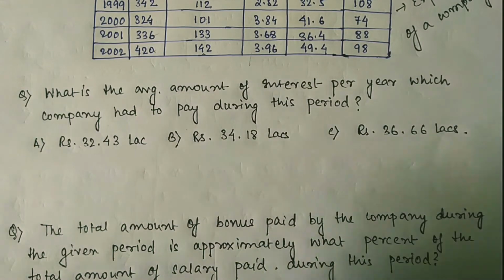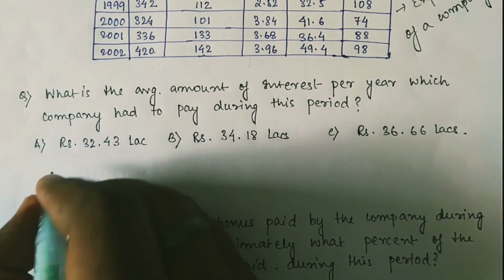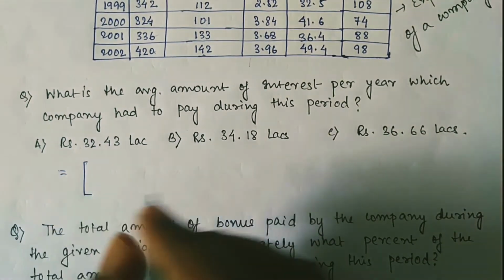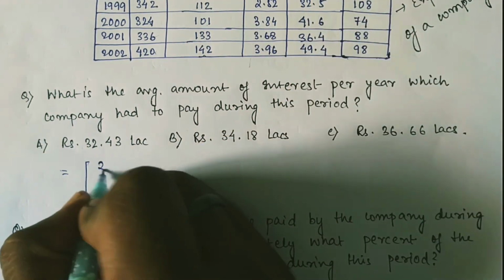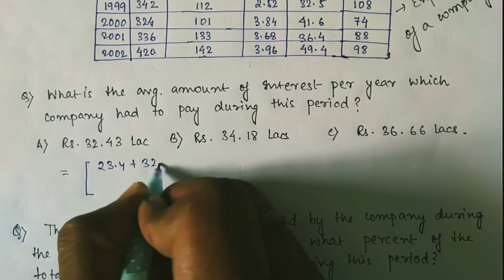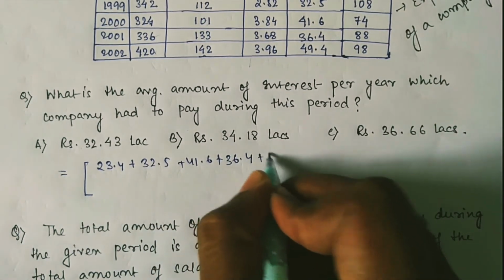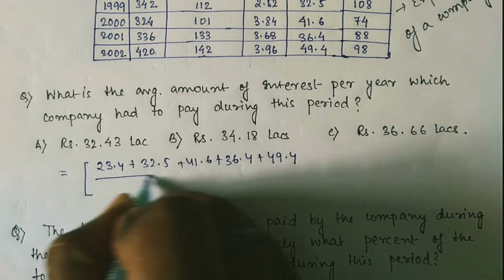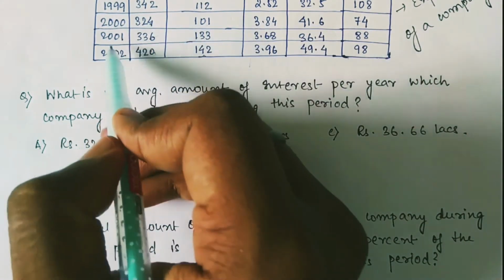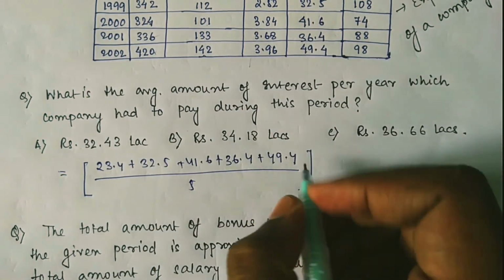It's very easy. For interest on loans, you just find the average of the interest. So 23.4 plus 32.5 plus 41.6 plus 36.4 plus 49.4, divided by 5, as there are 5 years.